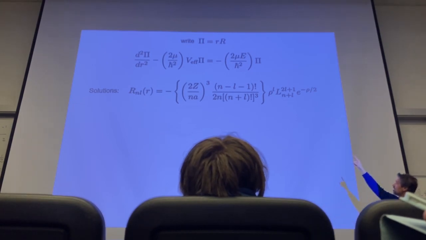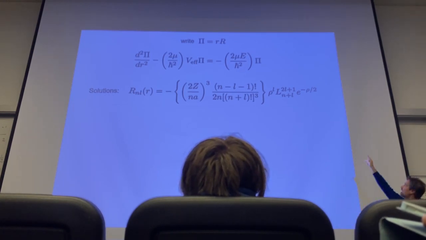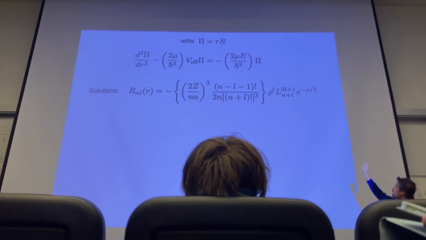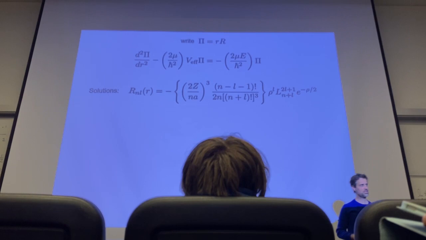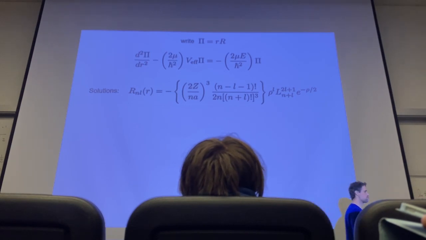Then a big L with some indices. That is a polynomial function. And then an exponential function, which is a decaying exponential. Since rho depends on r, that basically means that at long distances, all the solutions go to 0. Okay? So all the wave functions have something here close to the nucleus and at the far end peter out.